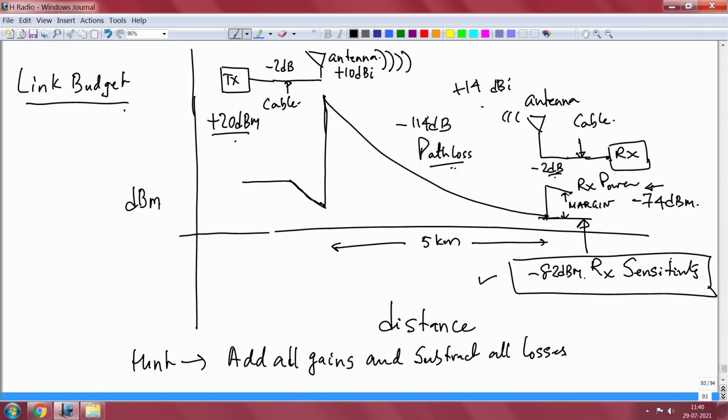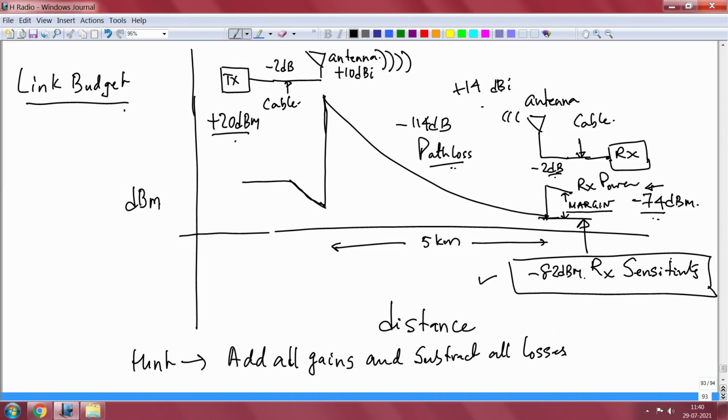Well, it turns out if you do this calculation, a signal was received at minus 74 dBm. It is not a gain, I would say the signal is received 8 dB above the receiver sensitivity, and this is called the margin.